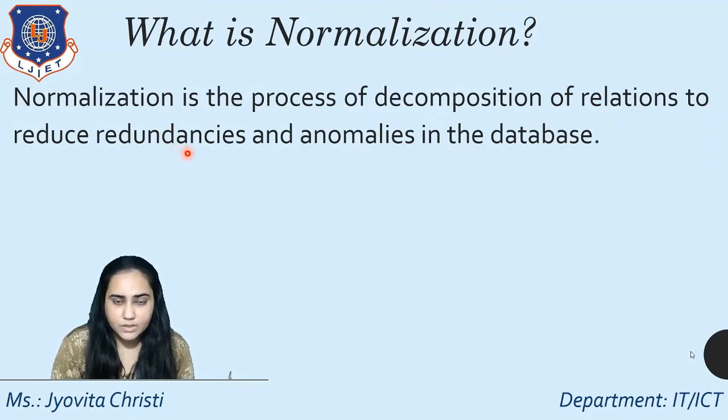And redundancies cause problems which are called anomalies. Anomalies are basically problems in the database where you are not able to update the database or delete values from the database properly because of the lot of duplication that is happening in the database.